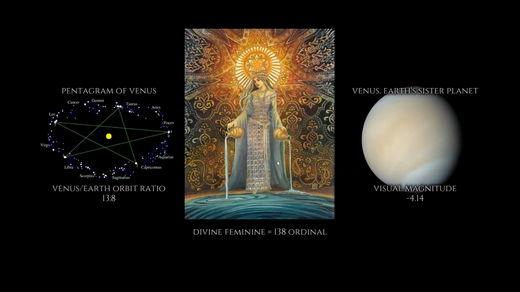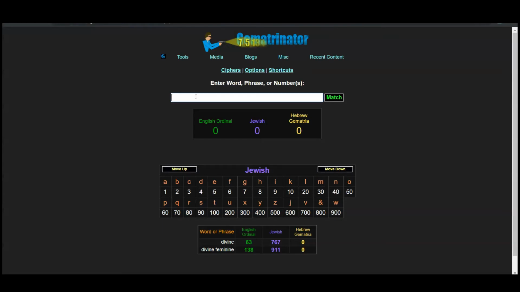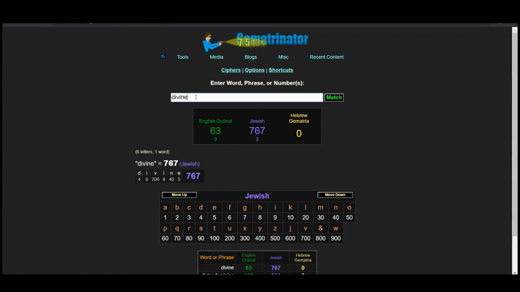Venus is also known as the divine feminine. And if we look at the gematria value of divine feminine, I can get it spelled right here. Divine feminine sums to 138 in the ordinal cipher and 911 in the Jewish cipher.